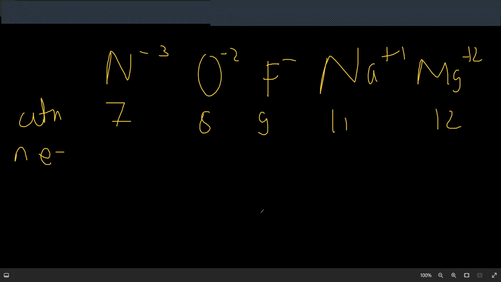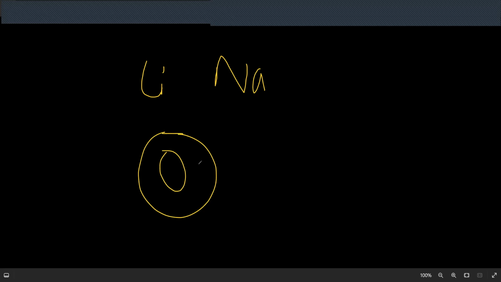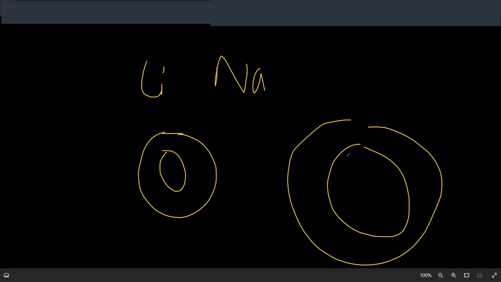Now, let's talk about the variation of atomic radius in the periodic table. In a group, as we go down, the number of shells increases and the size of the atom also increases. So let's take an example. Lithium and Na. Lithium has 2 shells, so it will not be as big as Na, which has 3 shells.